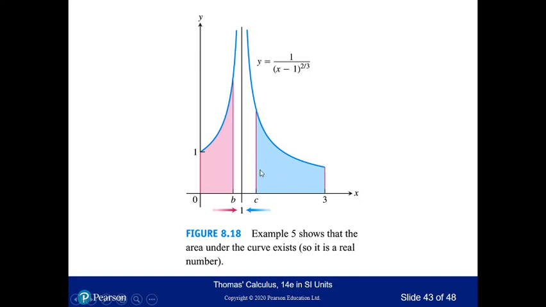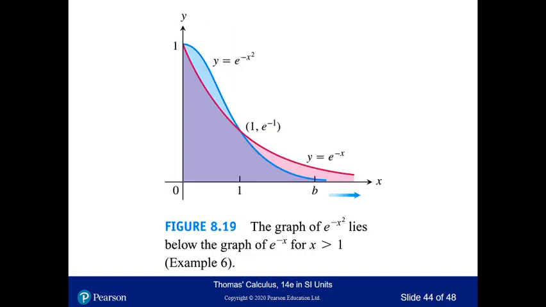And also here we write an integral from c to 3, and we take the limit as c approaches 1 from the right. If both of them are finite, we add them up. If one of them is not finite, then the answer is divergent.